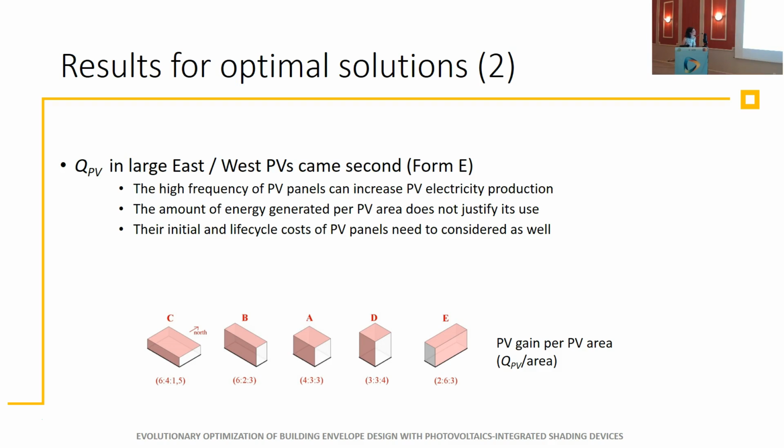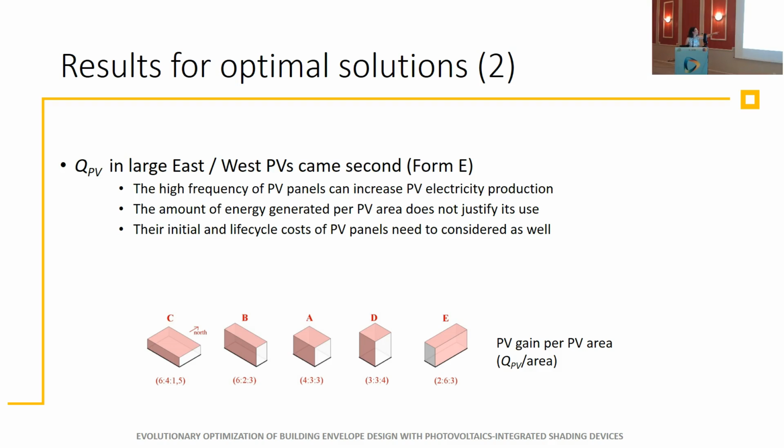And if we take a look here, you can see the photovoltaic gain per PV area. Form B, which has a much larger southern facade, outperforms E in this case.